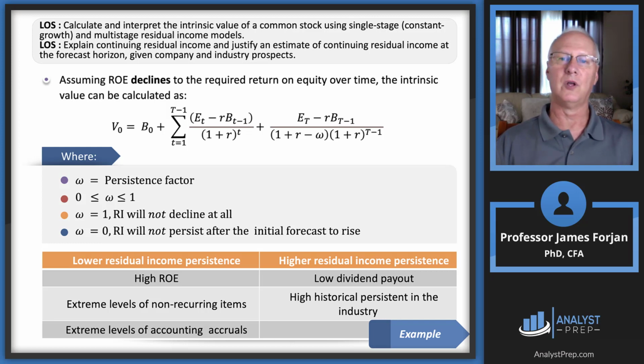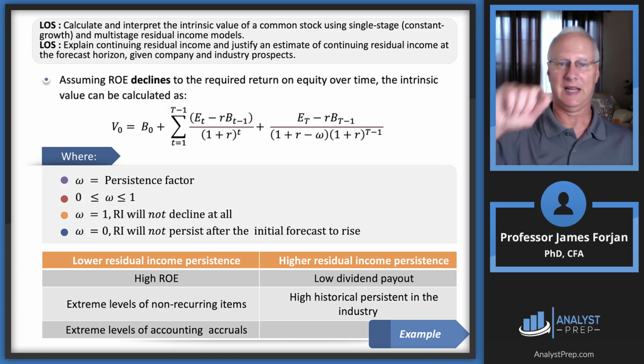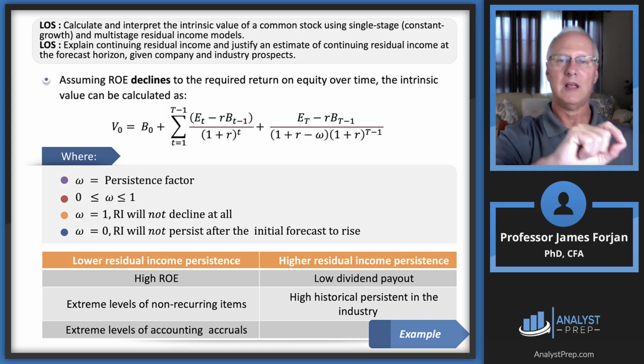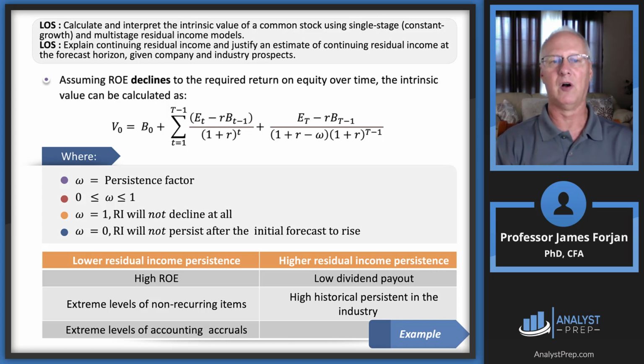So what we're going to do is look at that omega and say, if it's 1, residual income will not decline at all, meaning that it stays constant. Otherwise it's going to fall by some amount. In the extreme case, it just truncates. If it's 0, residual income will not persist after that initial forecast horizon. And you'll see that here in just a second.